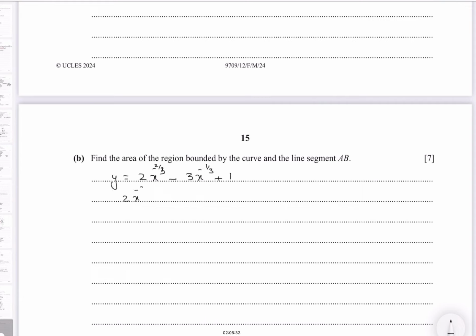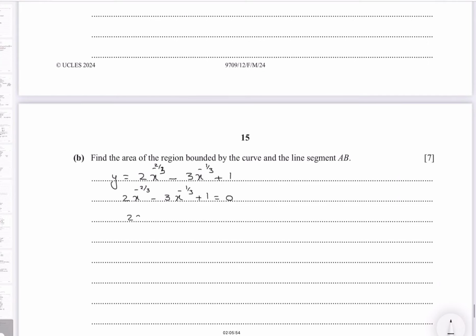Okay, so this is your equation. Equate it to 0. And now you can write 2x to the power minus 2 by 3. Alright, instead of doing this, you can let x to the power minus 1 by 3 equal, name it anything like a.